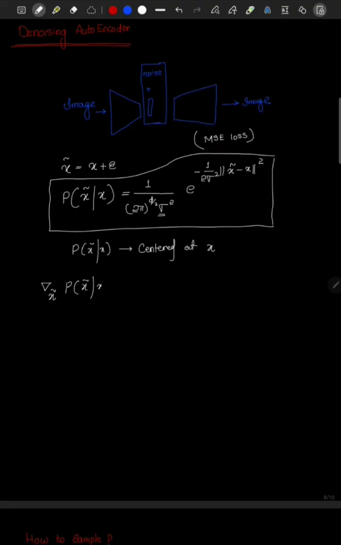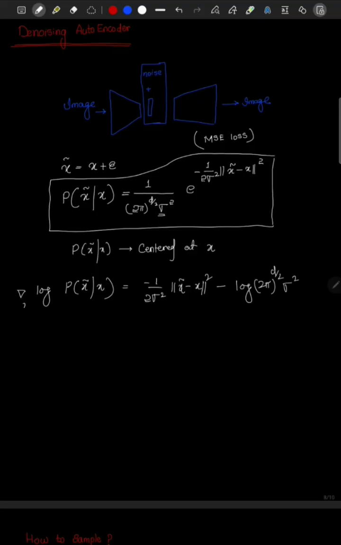Rather than computing the gradient directly, let's take the log of it, because it's an exponential. The log will help us cancel the exponential part, so you will be left with 1 over 2 sigma square, right, minus log of (2 pi) to the d by 2 sigma square.